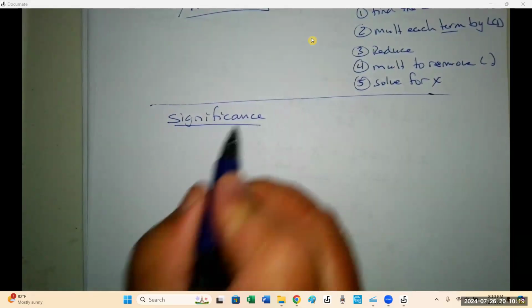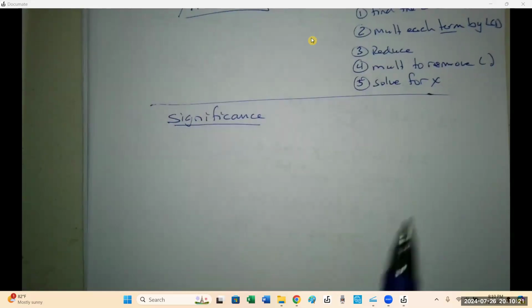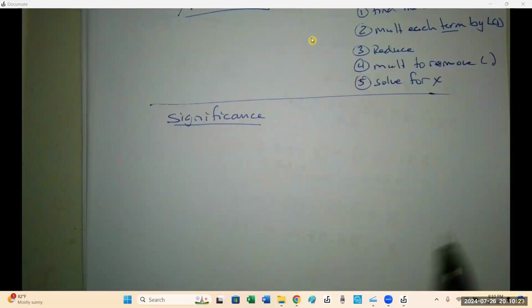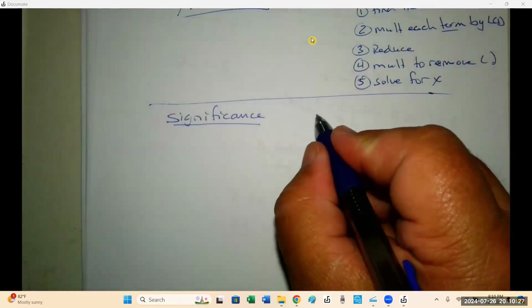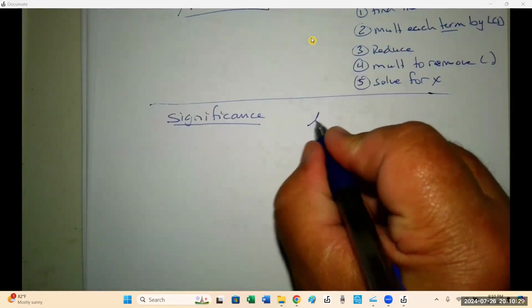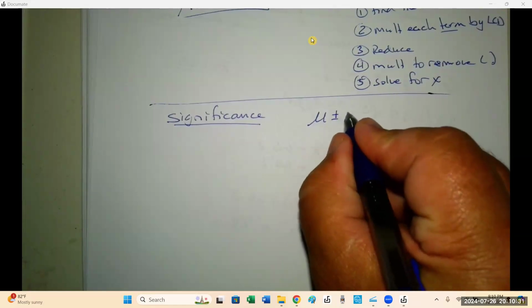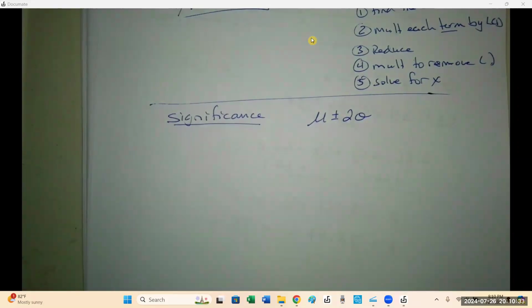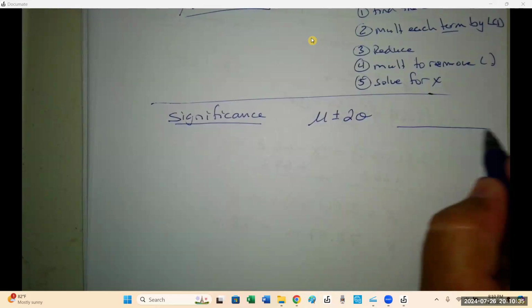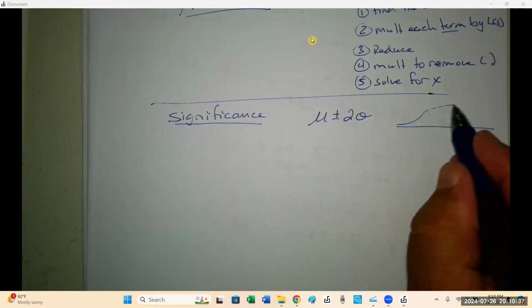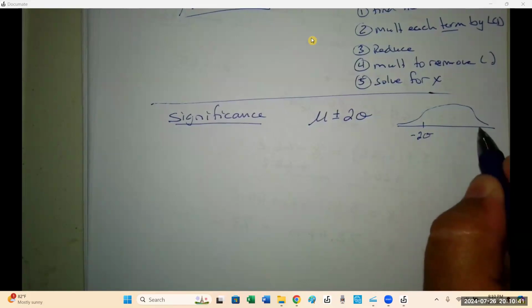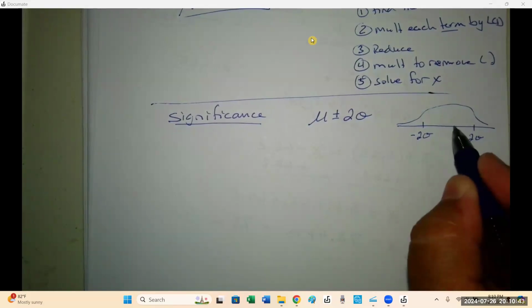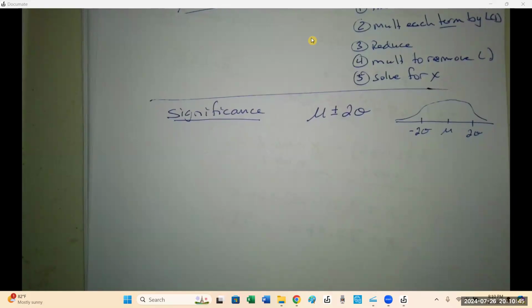Now let's talk about significance. When we talk about significance, we've done this all along. That's our plus or minus 2 rho. So minus 2 standard deviations, plus 2 standard deviations from our mean.